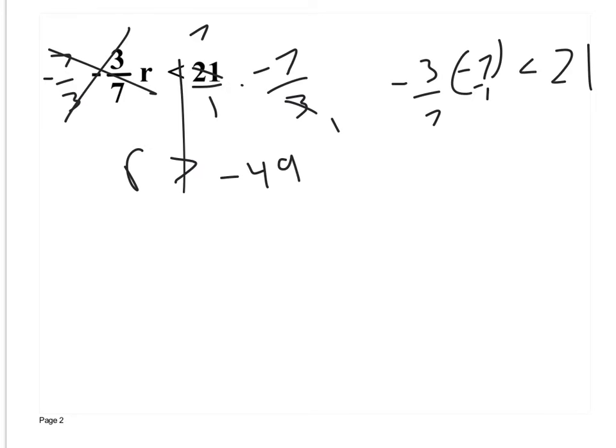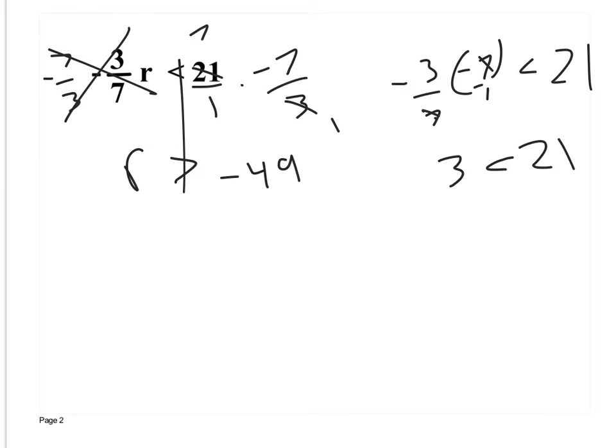Let's see if this is a true statement. If I take negative 3/7 times negative 7, the 7s would cancel. See why I picked 7? Negative 3 times negative 1 would be what? Positive 3. Good, class. Is 3 less than 21? Yes. So I must have done it right.